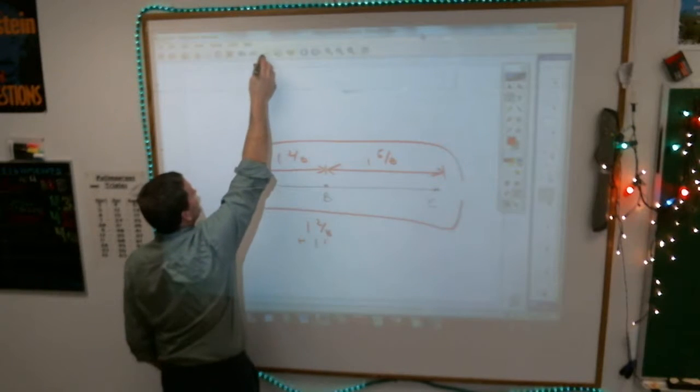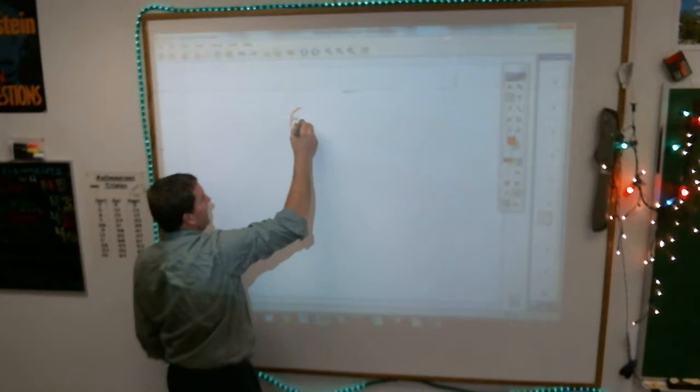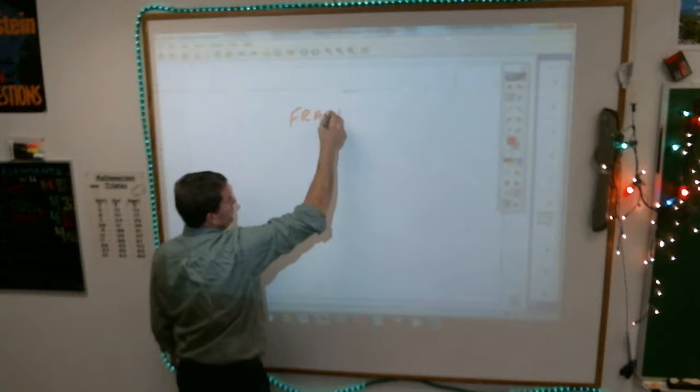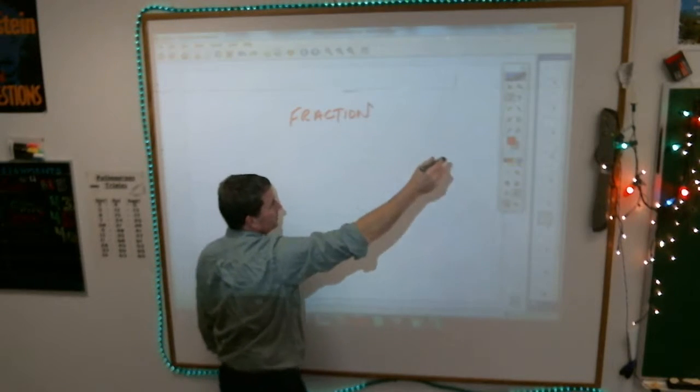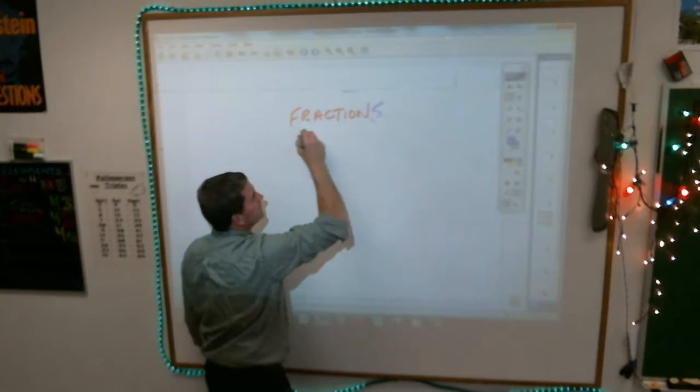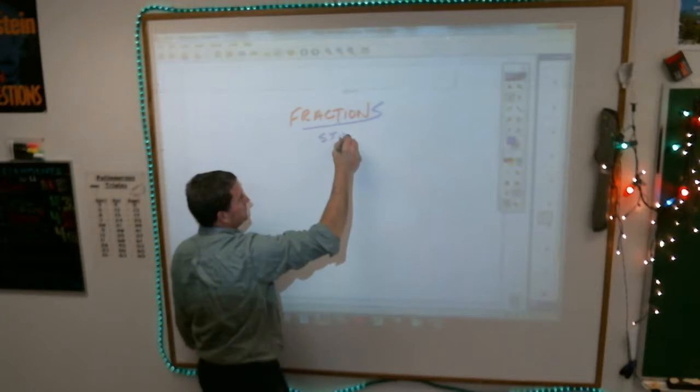Very clear, concise direction. Under fractions, ladies and gentlemen, today we are talking about story problems.